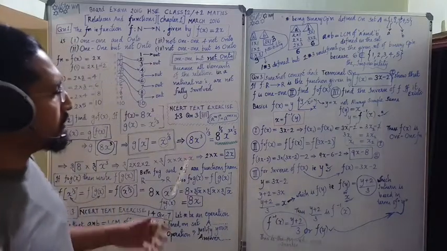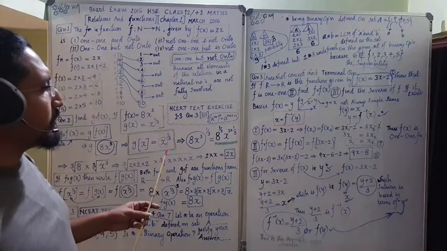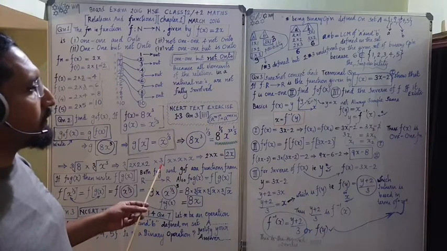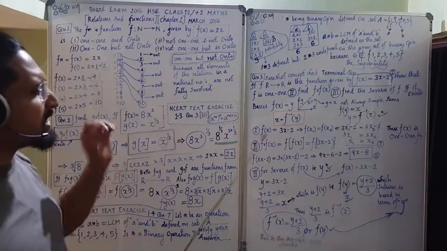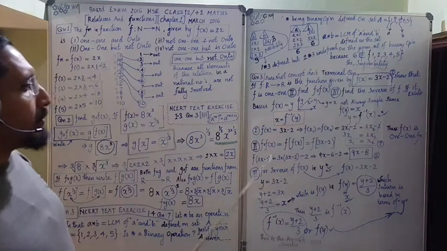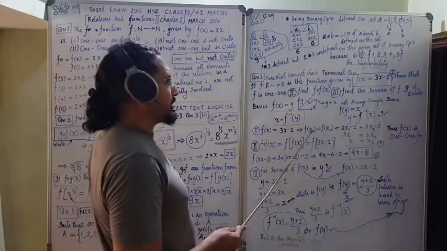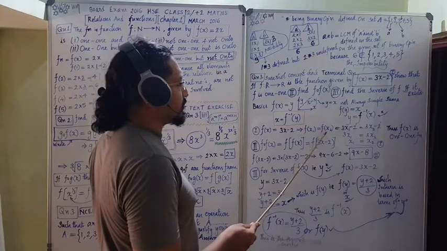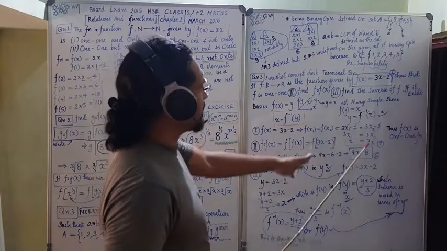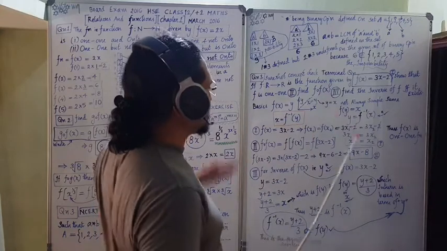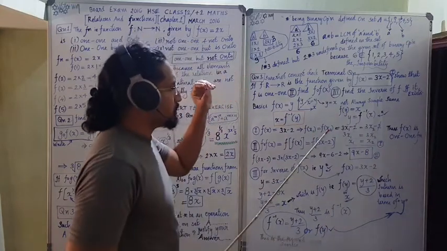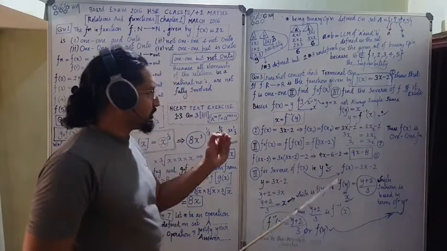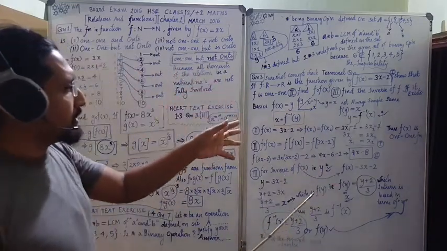Again, to answer the first question, if f is a one-one function, when we put a value x1, it has a definite position over the sets.